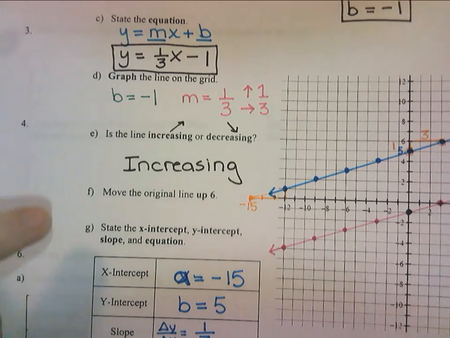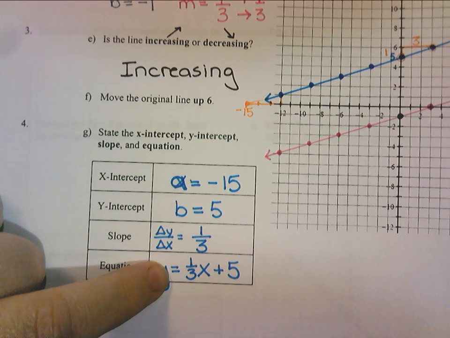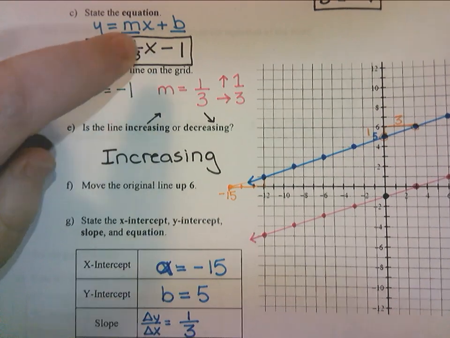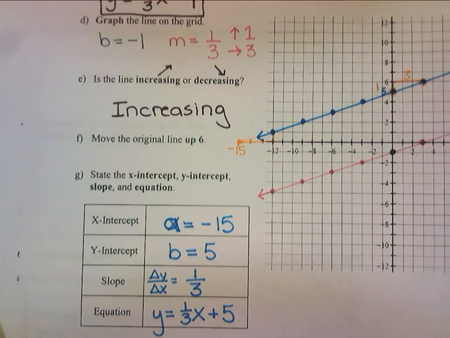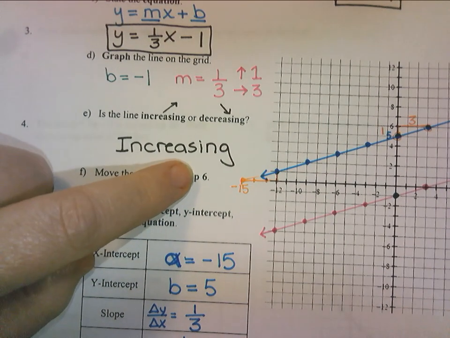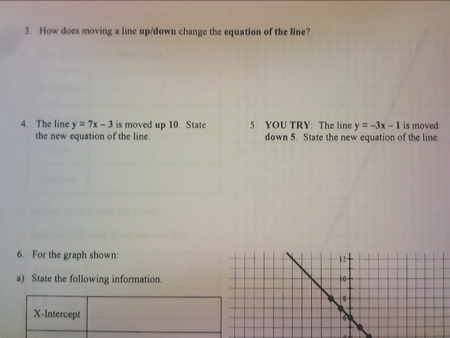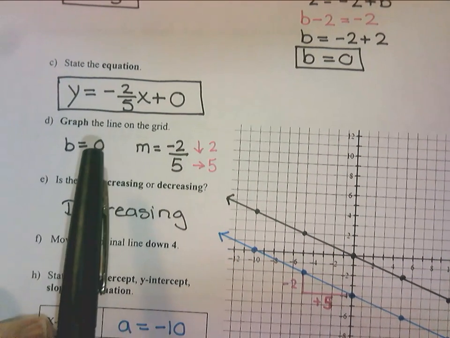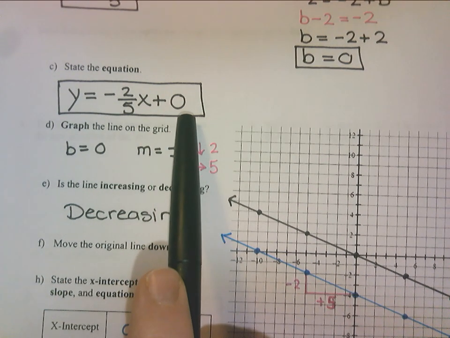If I look at the two of them, the slope is 1/3 in both of them, but the y-intercept is different. We went from -1 to +5. And I don't know if you noticed, but -1 plus 6, because we were moving up 6, does equal 5. If I look at the example that you did on your own, our equation was y equals -2/5 x plus 0.